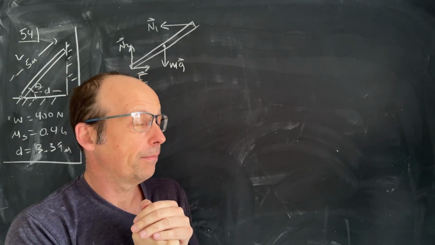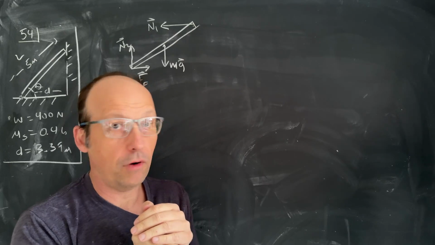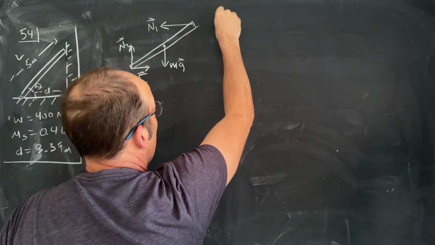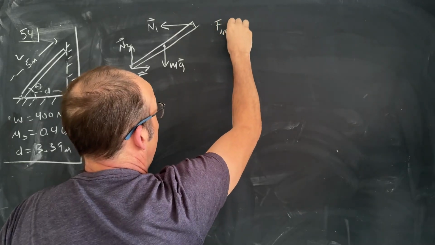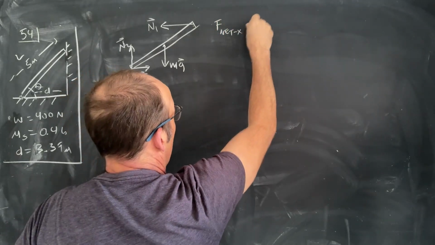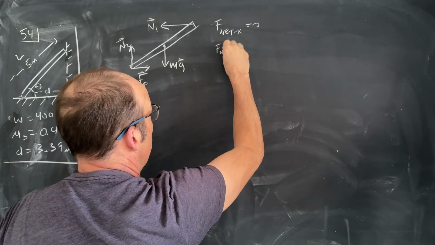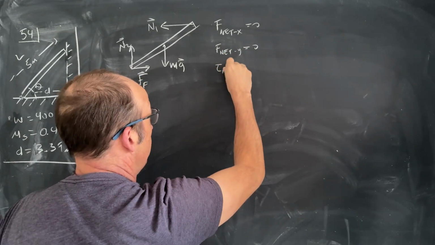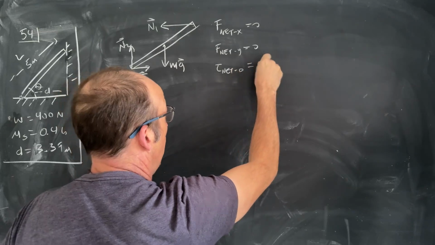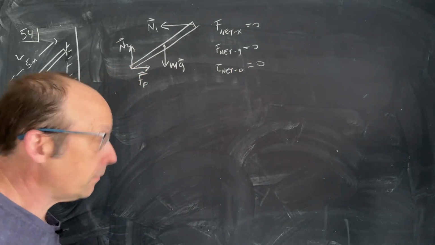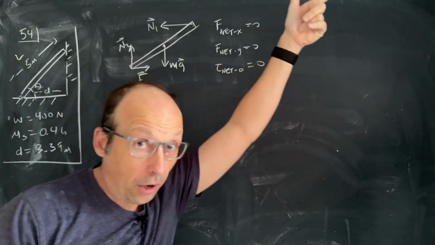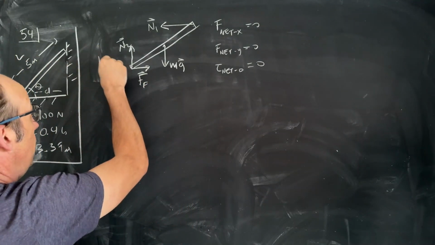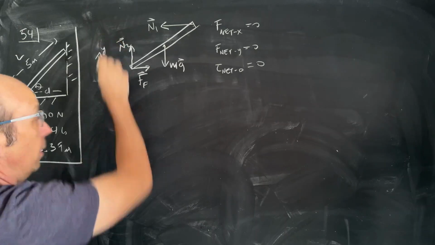Okay. I think we're ready to go ahead and write down our conditions for equilibrium. So I have here F net in the x direction is 0. F net in the y direction is 0. And then torque net about some point O is 0. Now, x and y also are made up things. We can pick whatever we want for the x and y direction. I'm going to pick the obvious x and y.